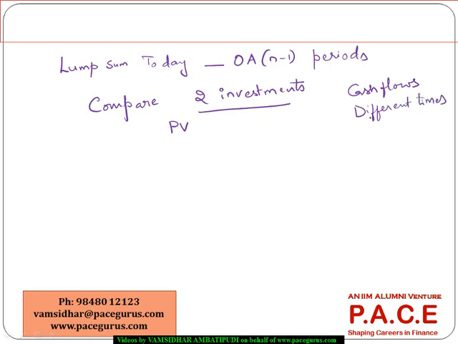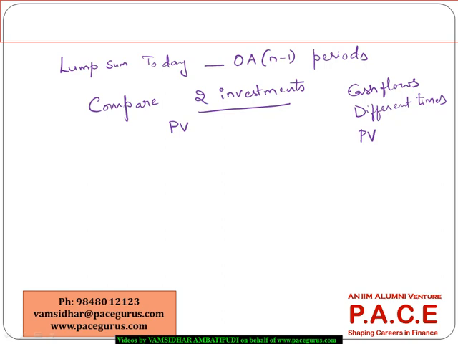So if I have to compare which one is better, I have to get all of them to the present value. The comparison can happen only if the time periods of all the cash flows are the same. If I am able to get all the future cash flows to the present value by appropriate discounting, that is where I bring comparability to the different cash flows.